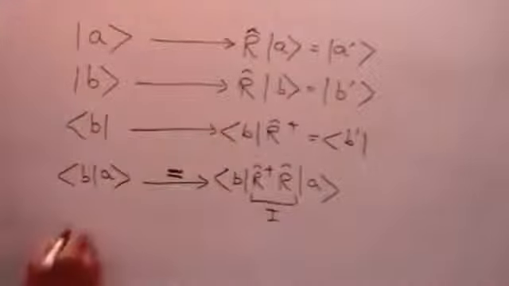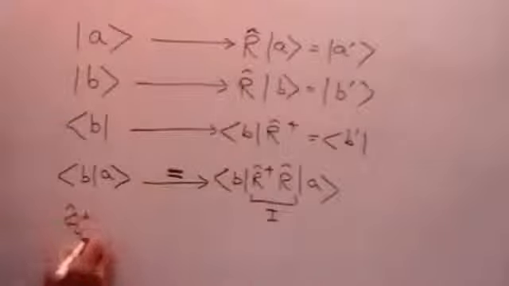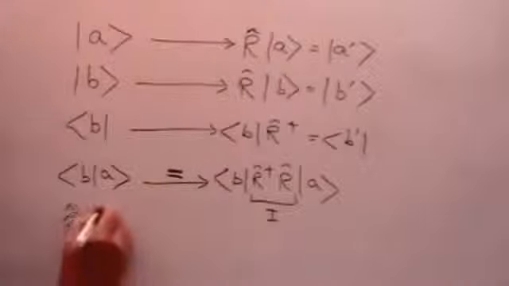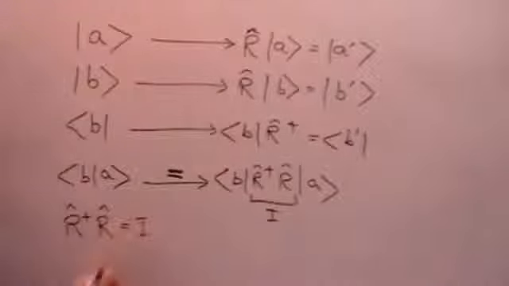And this means that R dagger times R is equal to the identity operator I. And we showed in Quantum Mechanics Concepts that when that happens, this rotation operator has a special name. It's called a unitary operator.